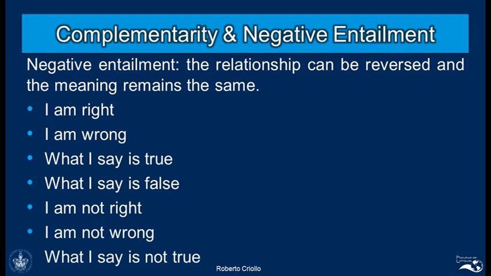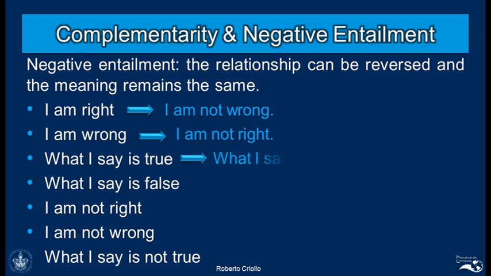If I say that I'm right, it logically follows that I am not wrong. And vice versa, if I say that I'm wrong, it logically follows that I'm not right. In the same way, if what I say is true, it means that what I say is not false. And if what I say is false, it follows that what I say is not true.